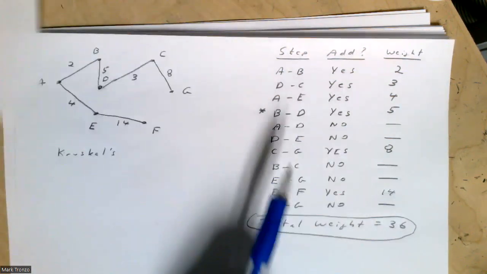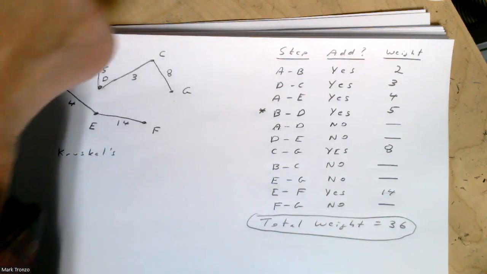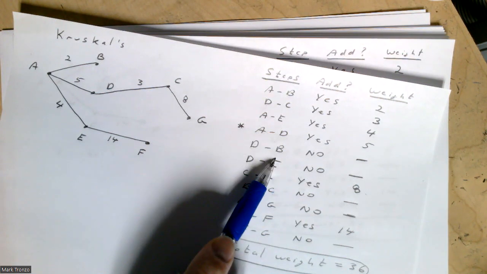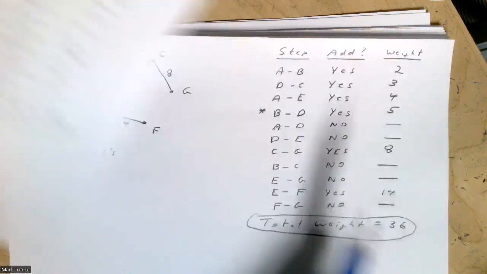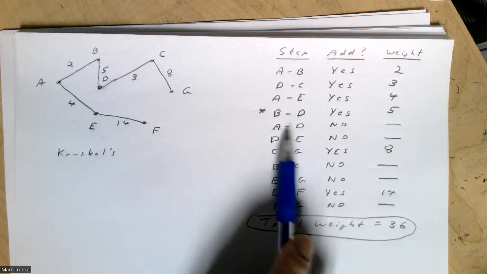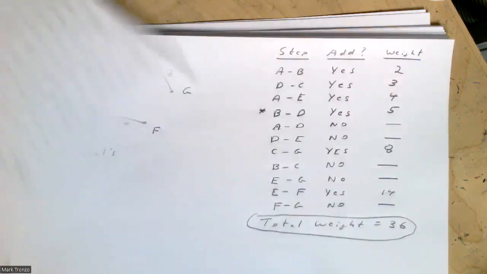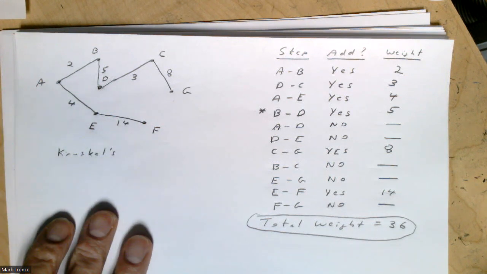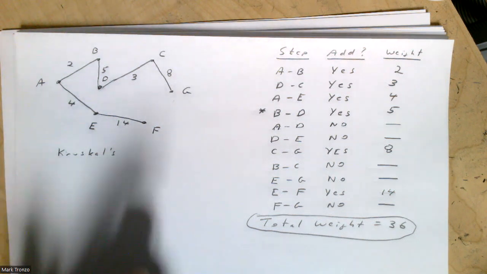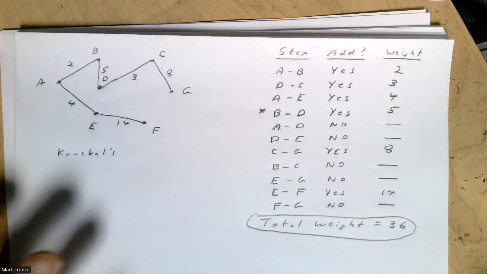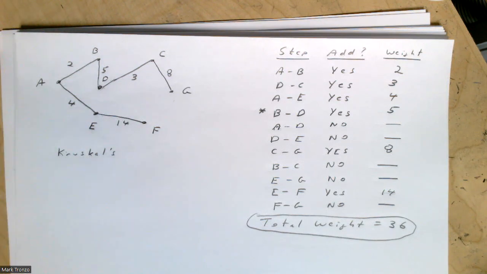But in this case here, when we did AD first, it made it so we could not add DB. And then when we did BD first, we could not add AD. So this time it did make a slight difference. And so keep this in mind whenever you have duplicate weighted edges, whether you're doing Kruskal's or Prim's, you have to consider all the cases.